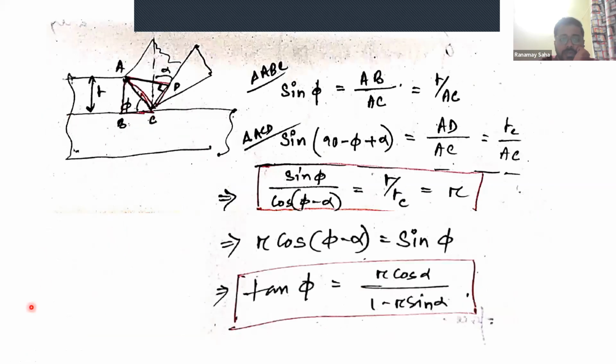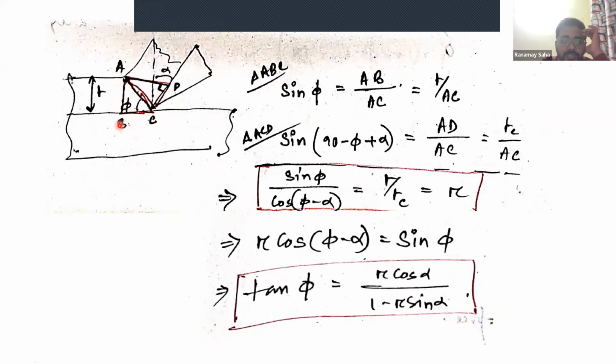So now here you can see we considered this particular portion, and then we have to just equate the value of AC, the shear plane, which we get out of these two triangles, the ABC triangle and the triangle ADC, right? So if you look at triangle ABC, you can see that sine phi happens to be your AB divided by AC, right?